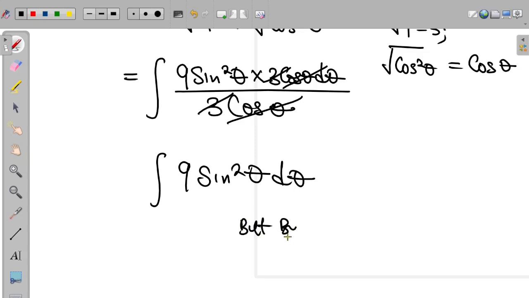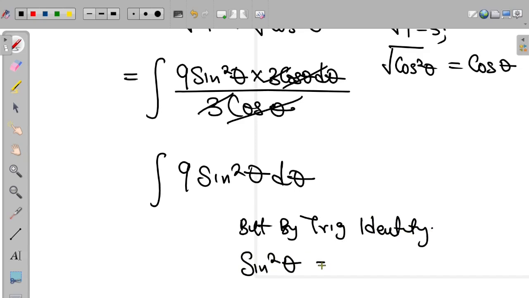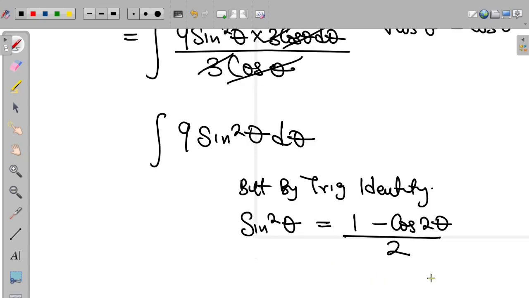But by trig identity, we know that sine squared theta is equal to 1 minus cos 2 theta divided by 2. So at this point, we are going to replace sine squared theta by 1 minus cos 2 theta divided by 2.